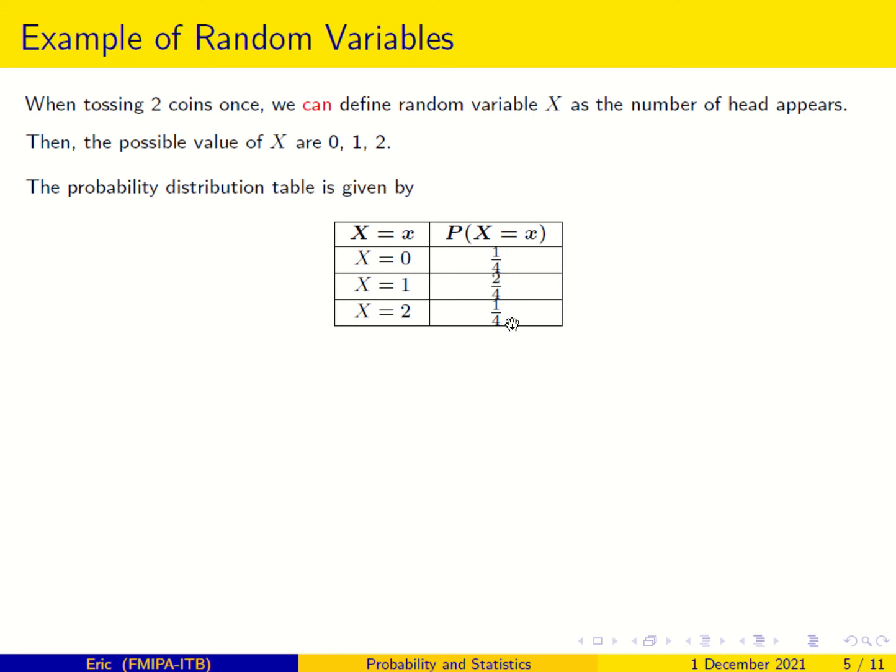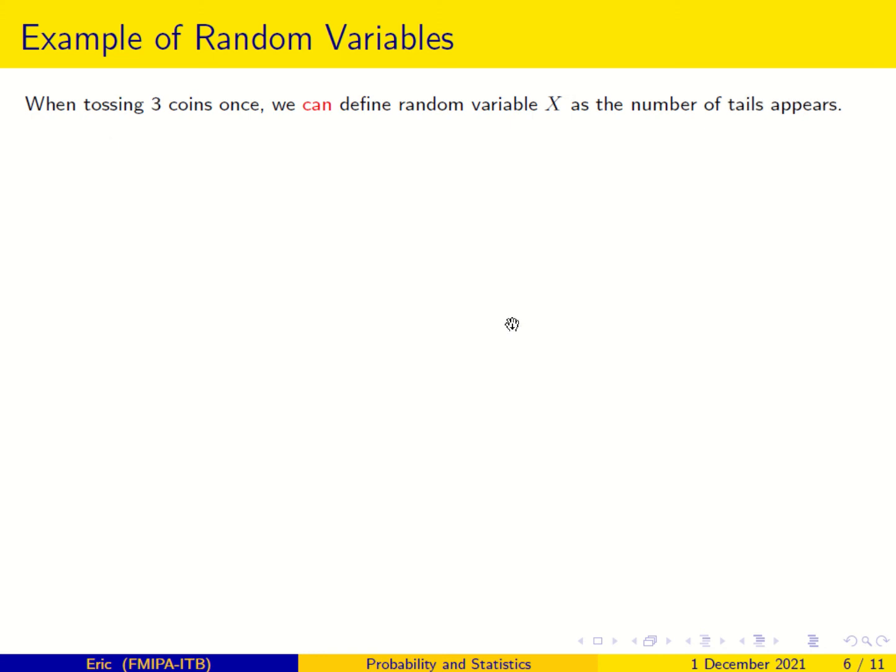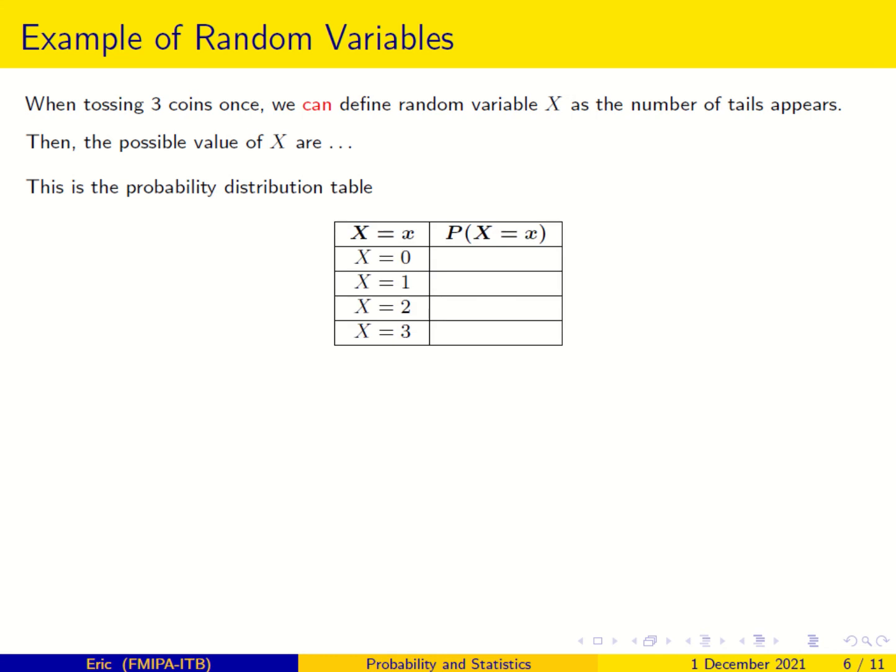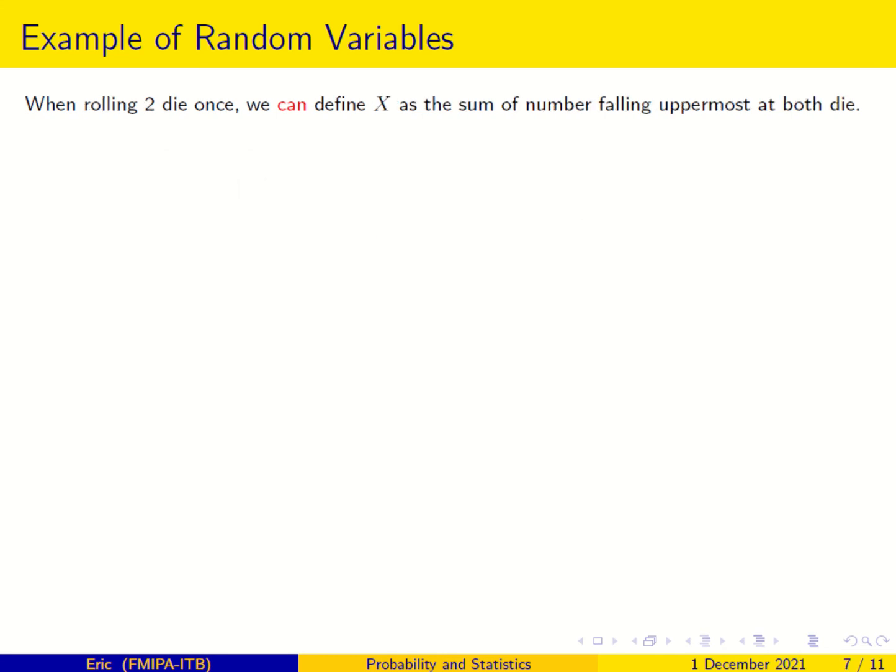And what about when tossing three coins once? We can define the random variable x as the number of tails that appear. Try this on your own: what are the possible values of x, and what is the probability distribution table? What about when we are rolling two dice?